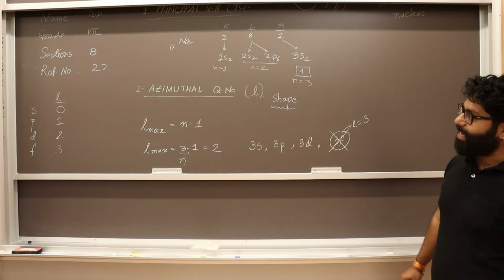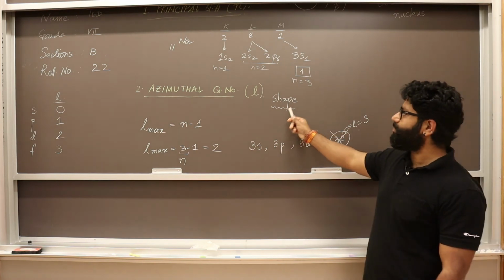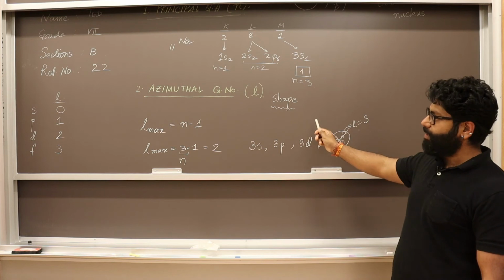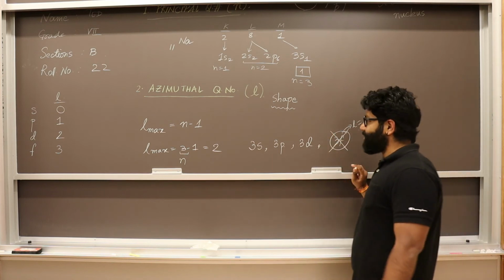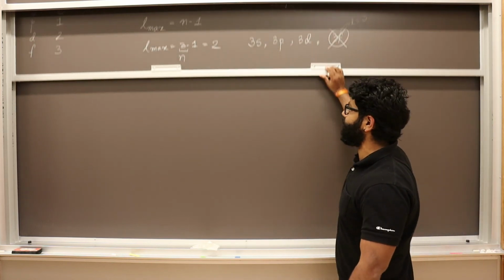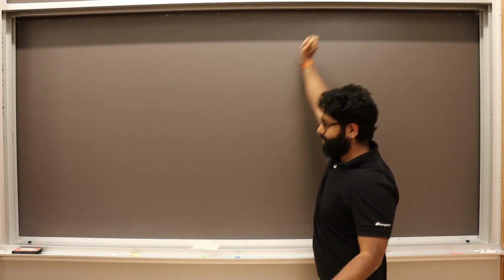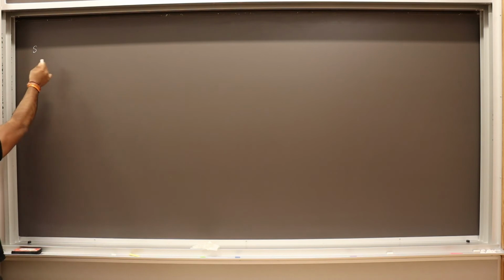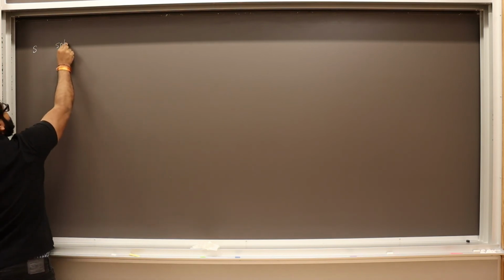But now I said that azimuthal quantum number gives the shape. Okay? Now let's talk about the shapes. Let's see what are the different shapes that are there. Okay. Now, the shape of the s orbital is spherical.